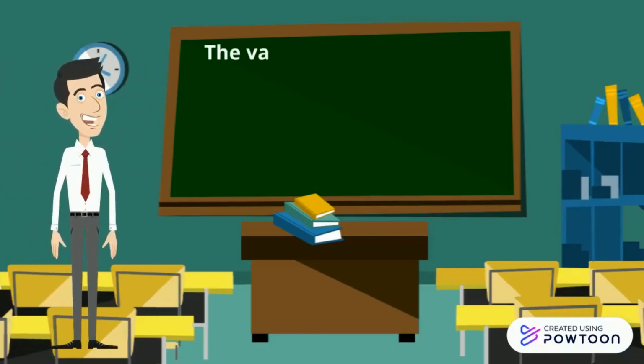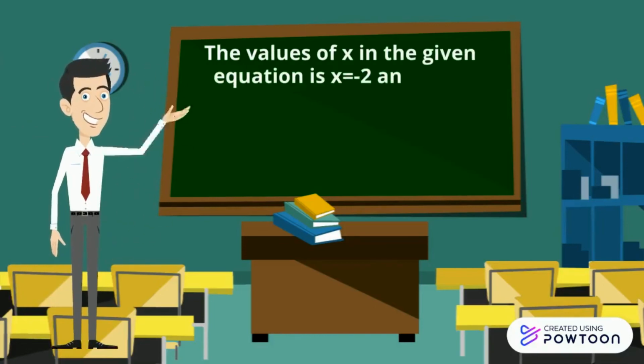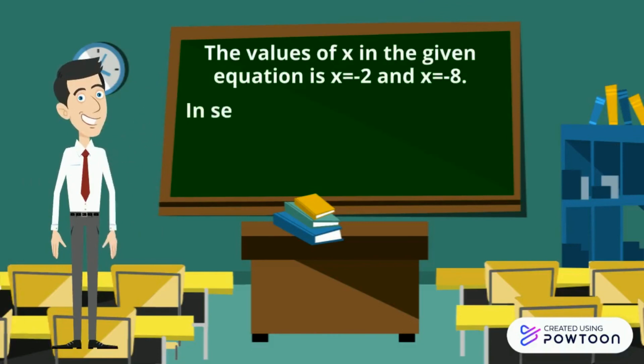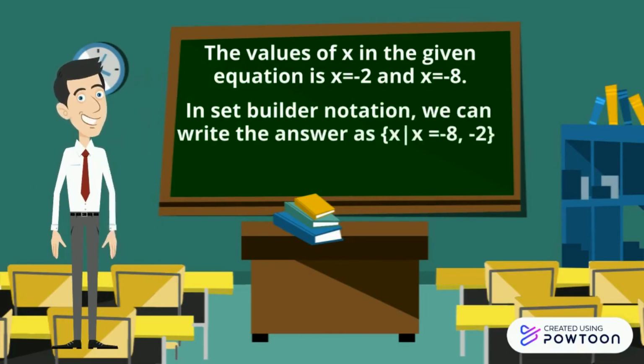Therefore, the values of x in the given equation are x is equal to -2 and x is equal to -8. In set builder notation, we can write the answer as written on the screen.